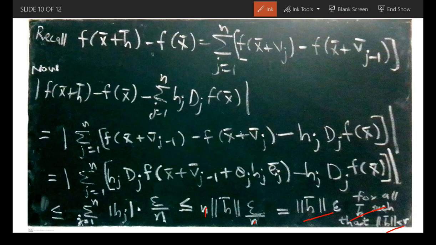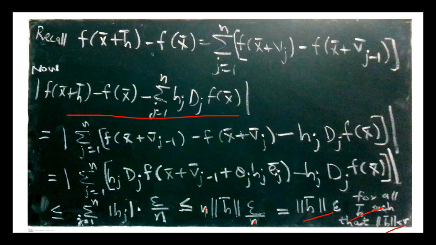So what does this say? So I can assume that norm h is not equal to 0, or h not equal to 0, and divide by norm h. Divide what? This expression. So let us move to the next slide.